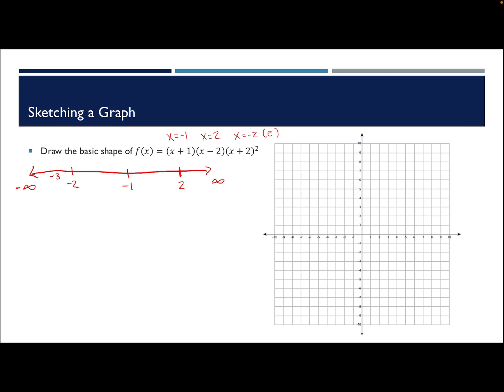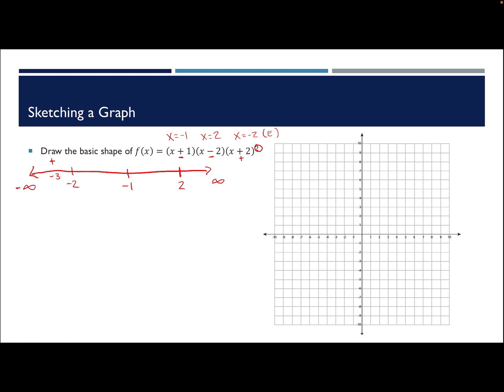So if I choose x equals -3, for instance, -3 plus 1 is negative, -3 minus 2 is negative, and because of the square, that last term is always going to be positive. So two negatives are going to multiply to be a positive.